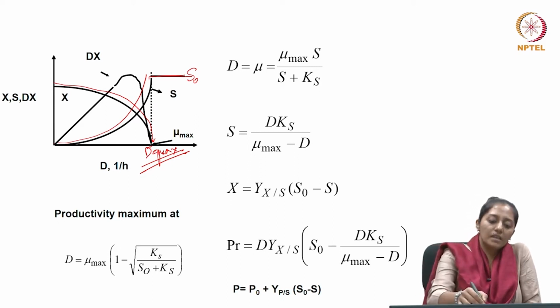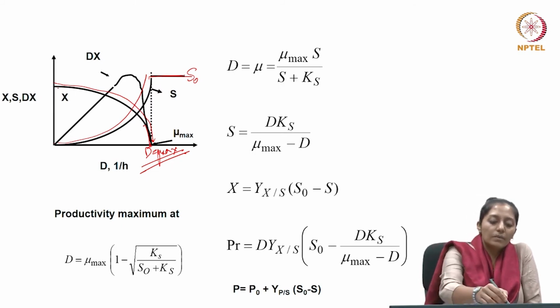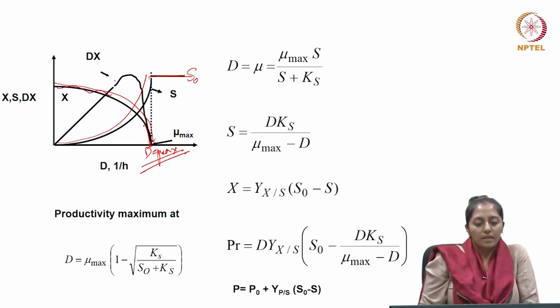So, suddenly near the washout there will be a dip in the biomass, sharply going down to 0, and otherwise it remains nearly the same.